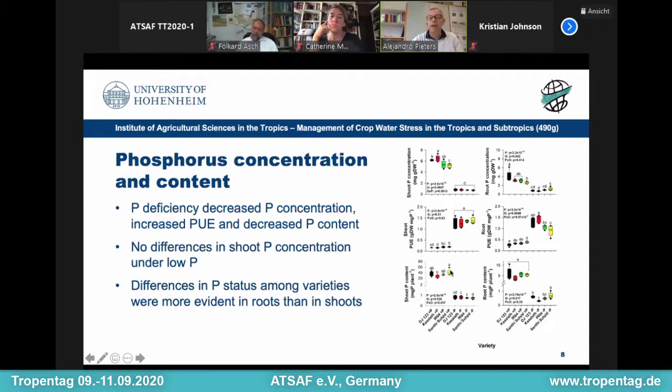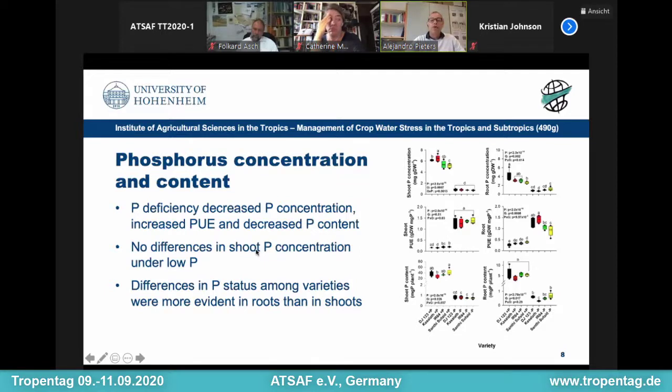Within each graph, the box plots on the left are high phosphate plants, and the ones on the right are low phosphate plants. So the general result that we found in phosphorus status of the plants is that, as expected, phosphorus deficiency decreased massively phosphorus concentration, increased phosphorus use efficiency, and decreased phosphorus content.